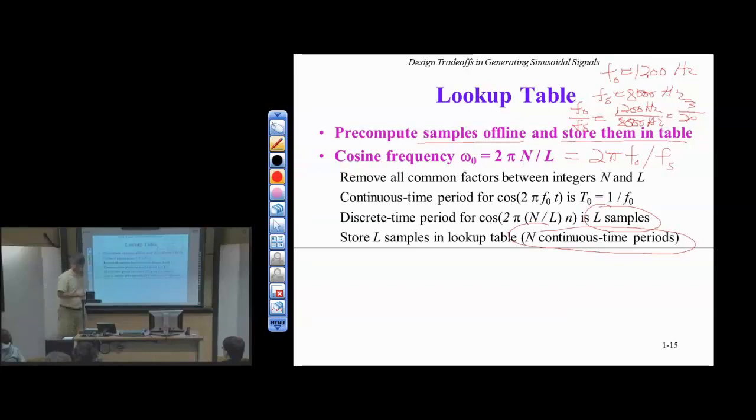All right, there's a derivation for this, and basically it comes down to you'd like to know at what value of little n does this repeat?